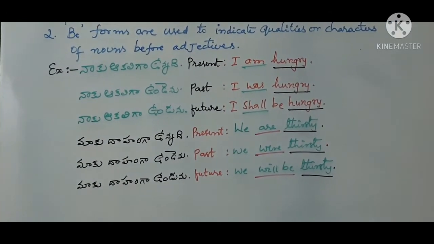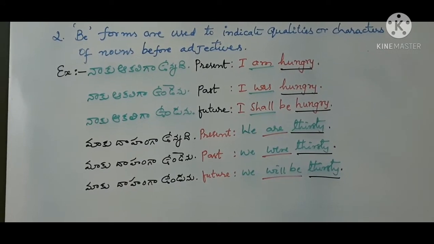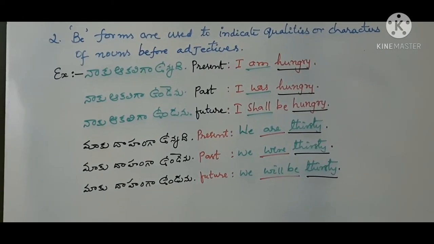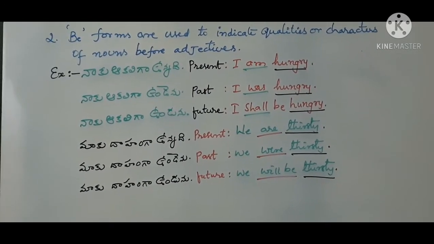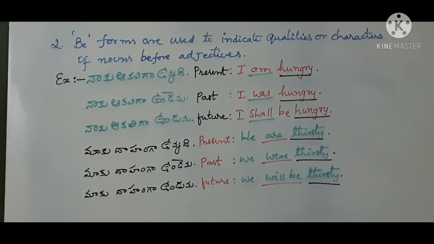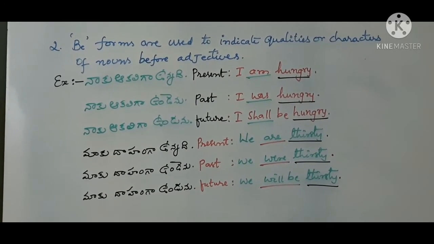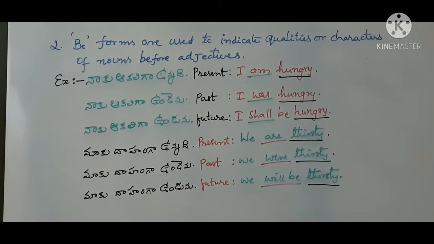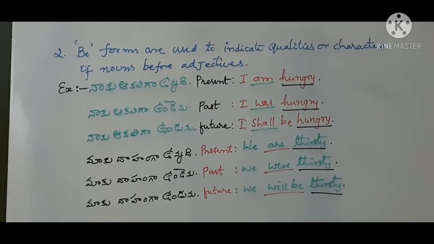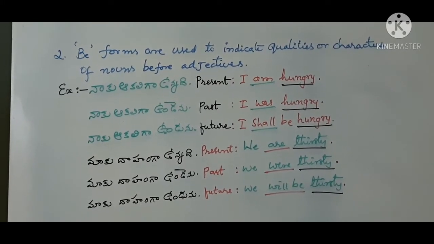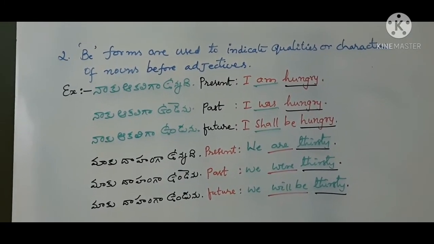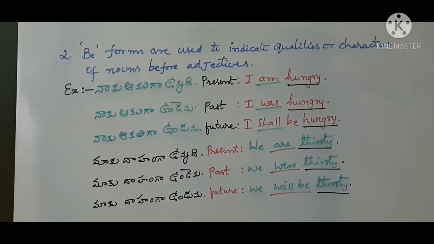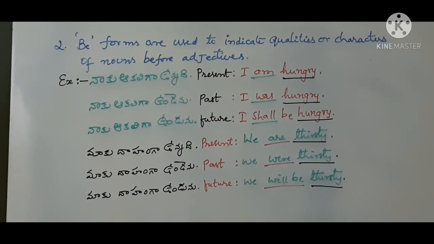See, this is in an English sentence. Present tense: I am hungry. I was hungry. I shall be hungry. Am, was, shall be are be forms, and they have an adjective after them. So be forms are used before adjectives when they indicate the qualities and characters of nouns.